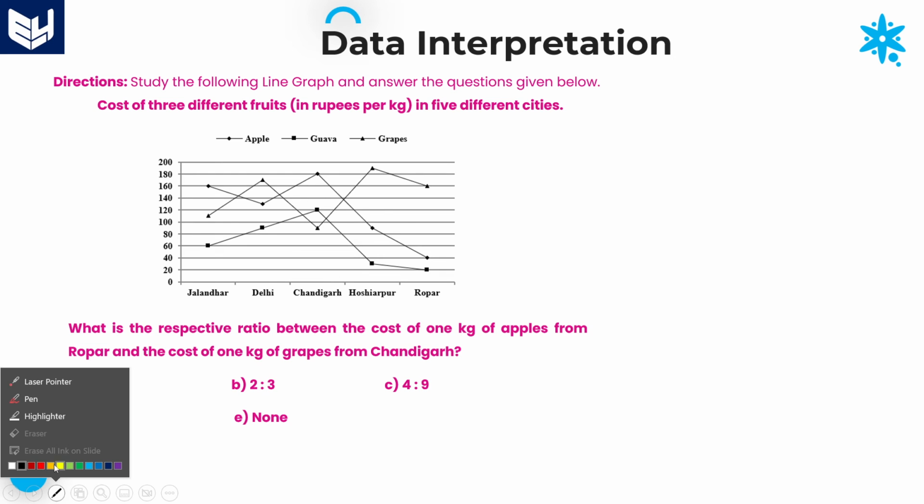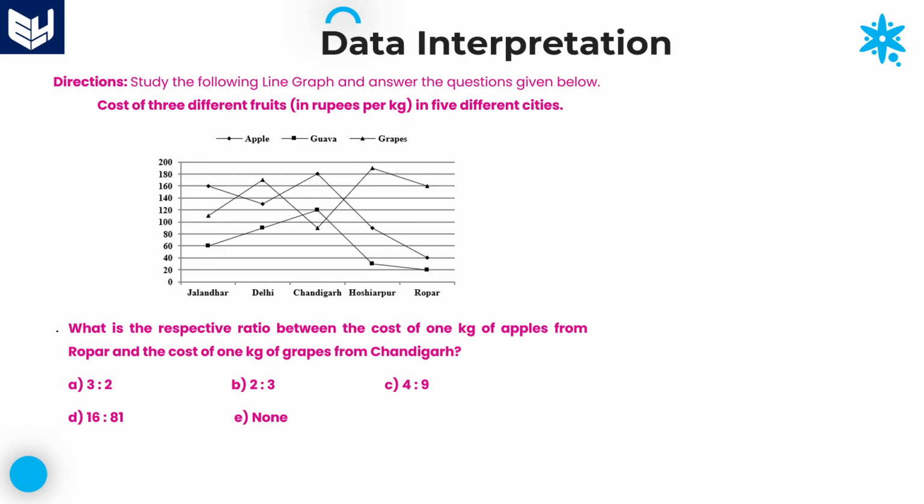Last question in this session. See here. Here the question is, what is the respective ratio between the cost of 1 kg of apples from Ropar and the cost of 1 kg of grapes from Chandigarh?